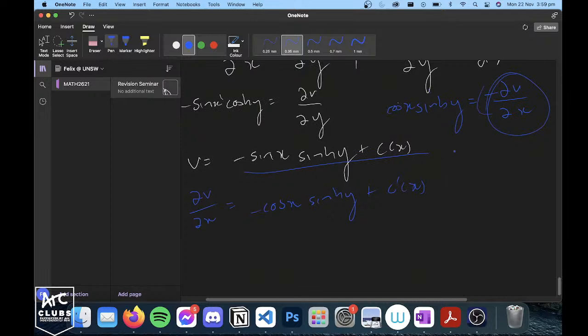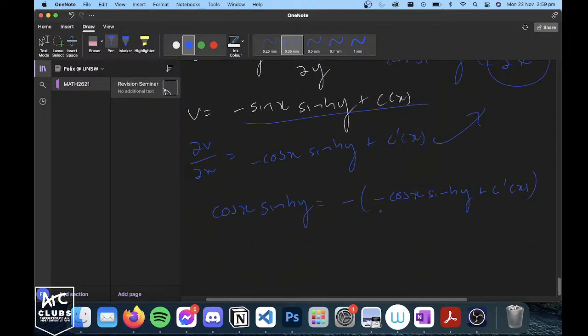If I substitute this in, we get cos x sine y is equal to minus this, so minus cos x sine y plus c dash x. This turns positive because of the double negative, so these two cancel out, and we get that c dash x is equal to 0.